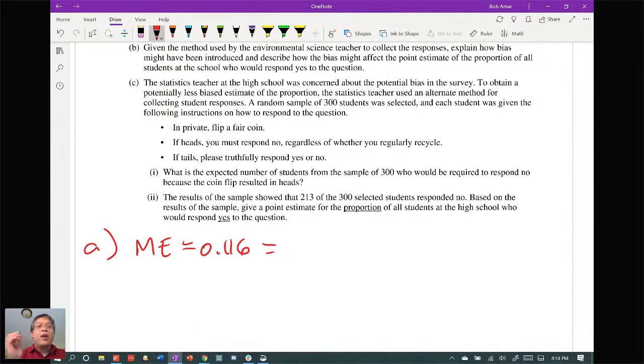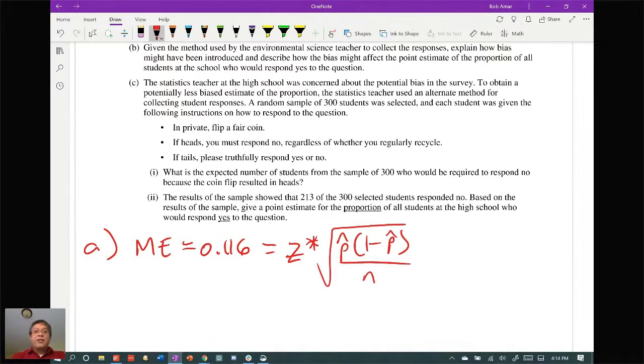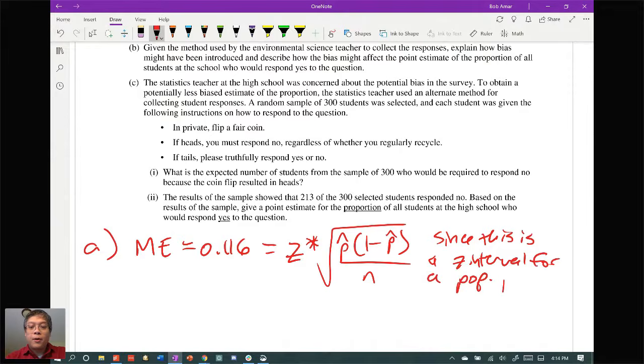Because this is a 1 proportion z interval, it is a critical z score times the standard error for the statistic. Since this is a z interval for a population proportion.